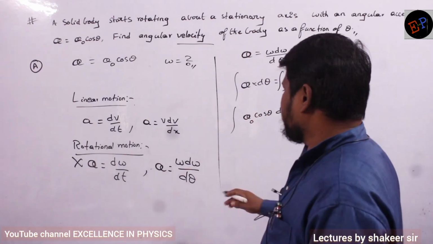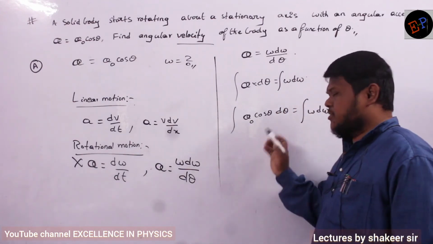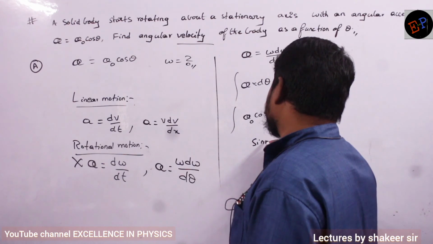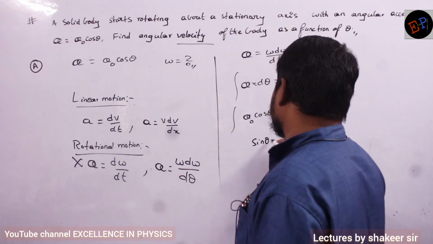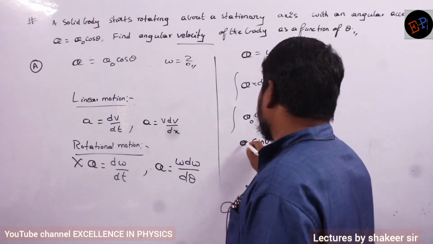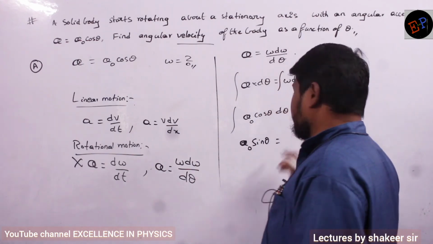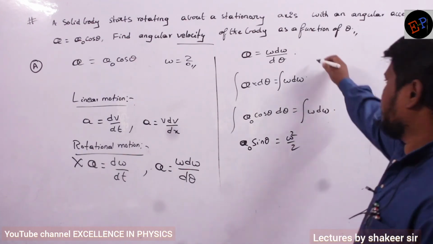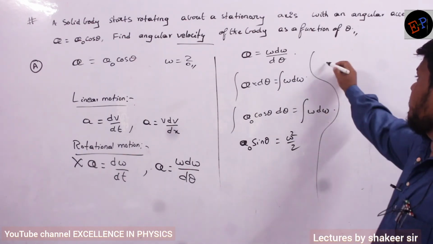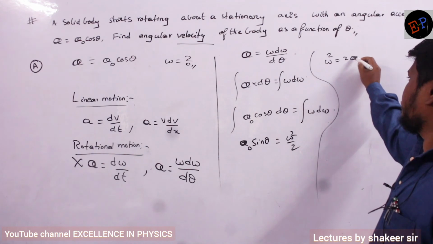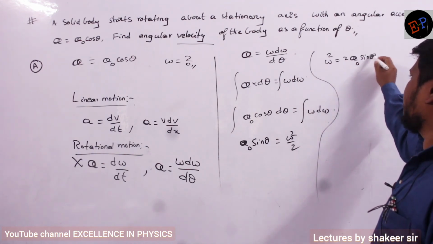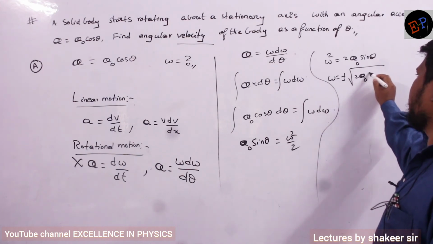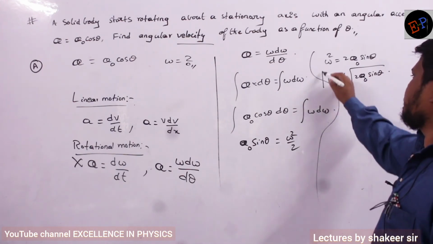Alpha naught is a constant, take it out of the integration. Integration of cos theta is sin theta. So alpha naught sin theta equals omega square divided by 2. And he is asking omega value only, no? So omega square equals 2 alpha naught sin theta. So omega equals plus or minus square root of 2 alpha naught sin theta. That is my answer.